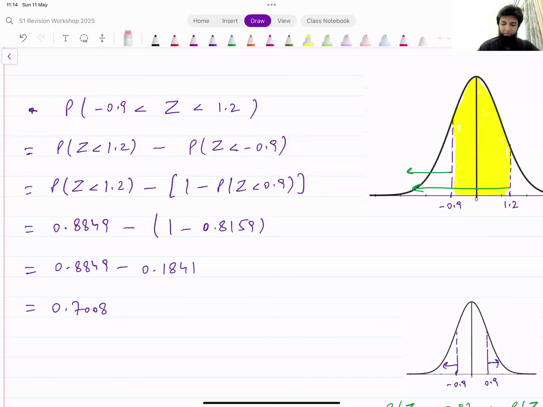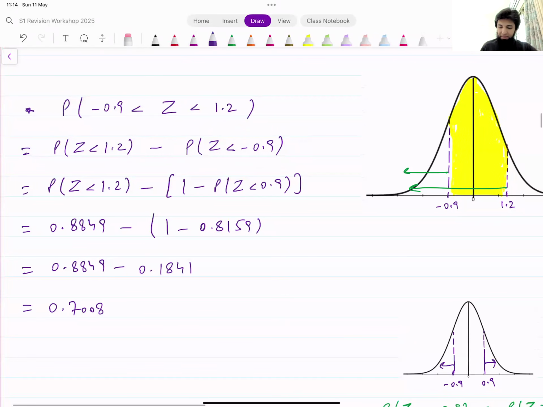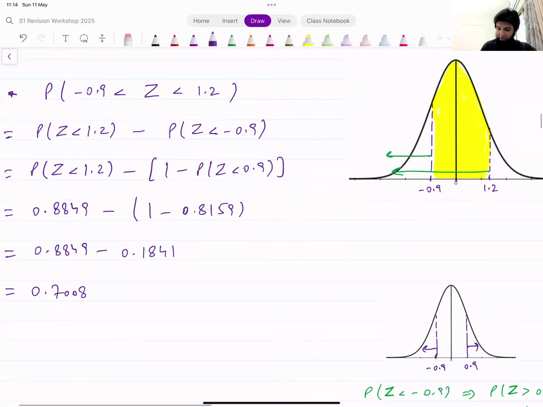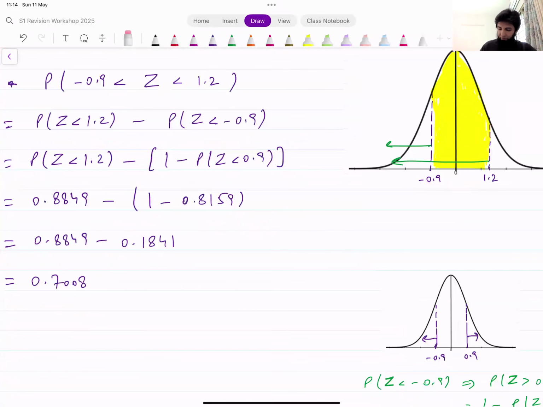How can you do that? We've done this case before, Z less than a negative number. You can think of it like this. We're talking about this area. That's the area that we're looking to find. First of all, we could flip this, and that becomes the same thing as the area on the right side, the same as the probability of Z greater than 0.9.